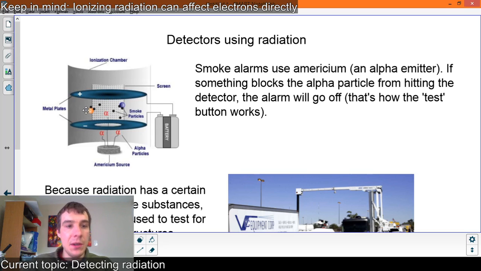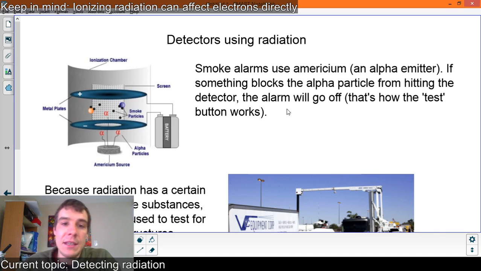But if smoke particles are there, the smoke gets in the way and blocks it, and then the detector goes, there's no americium, there must be something in the way, and it assumes that that's smoke, because the americium is very good at ionizing the smoke, and then it sets off the alarm.